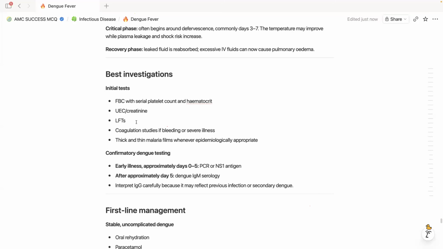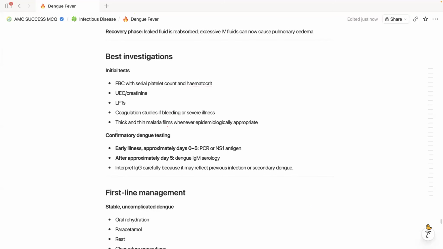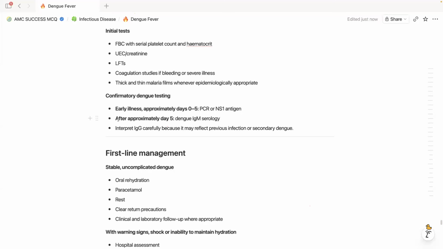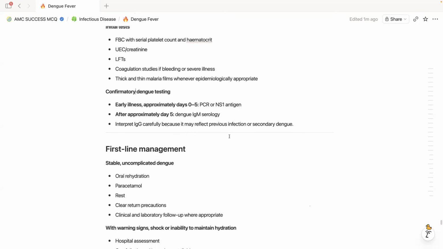These are all the initial tests. For confirmation, in early illness, approximately day 1 to 5, we do PCR or NS1 antigen. After approximately day 5, we do IgM serology. Interpret IgG carefully because it may reflect previous infection or a secondary infection.